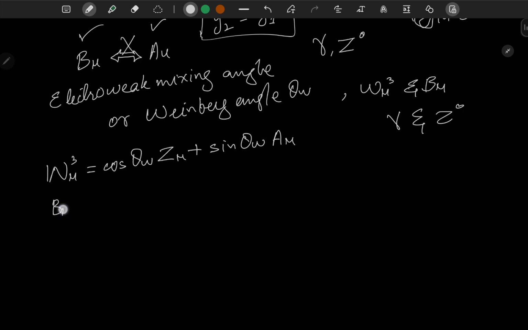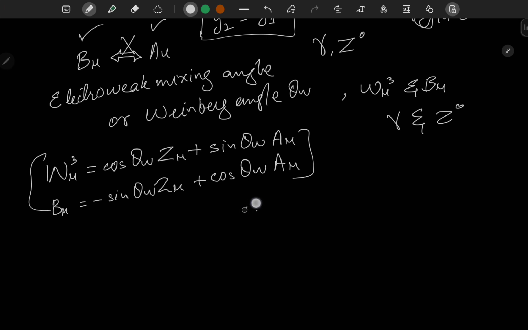So we are good with that. B mu can be written as the superposition of again Z mu and A mu. So this thing right here is called electroweak unification.